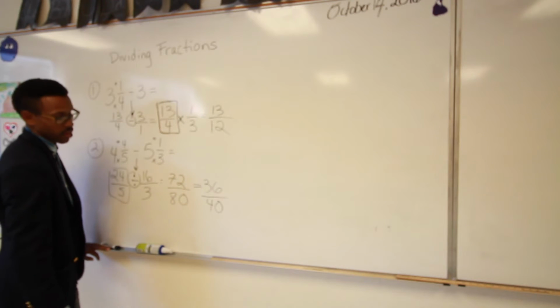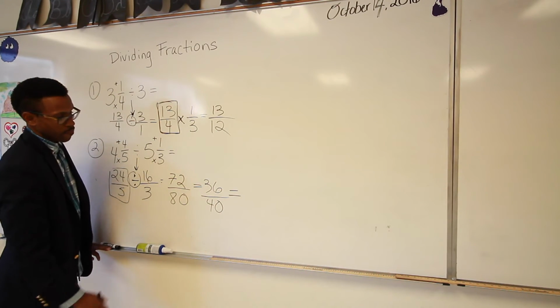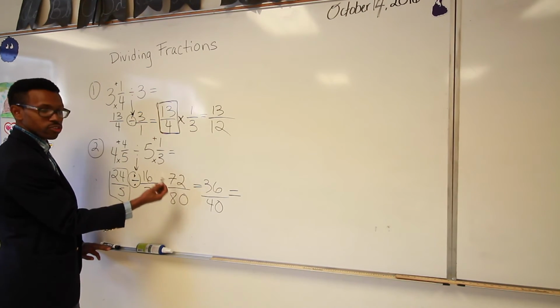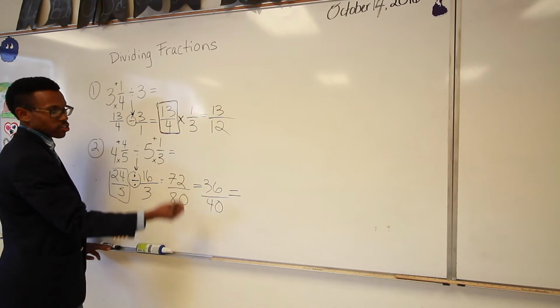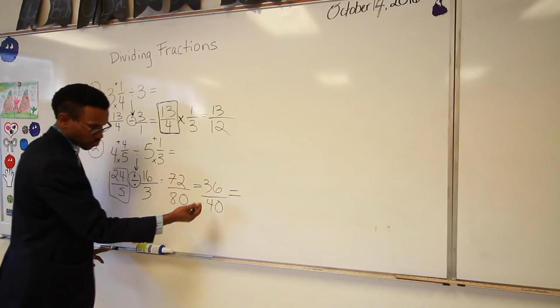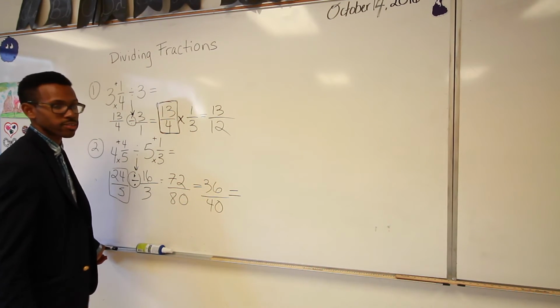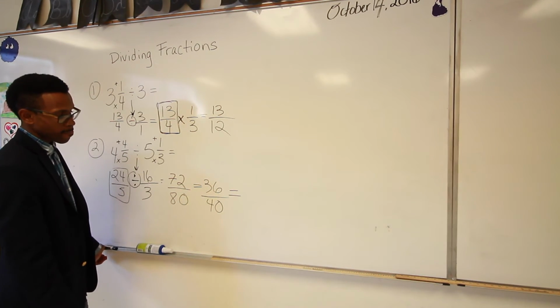All right? Now, of course, we can break that down even further as well. Obviously, the larger the number you divide this fraction by, the quicker you'll get to your final answer. But as you can see, we can divide both of these numbers by 2 as well to make it a simplified fraction. Okay?